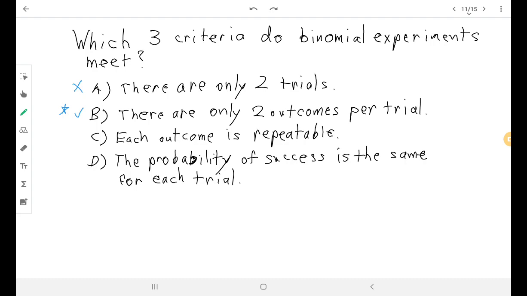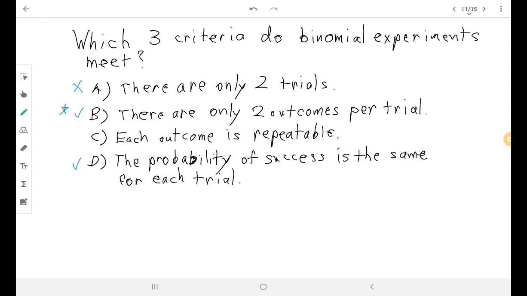And then D, the probability of success is the same for each trial, and that absolutely has to be one. Okay, it doesn't really matter what the success is. For example, we're going to run into some problems here that are rolling a six-sided die, and we can have binomial experiments with a six-sided die.